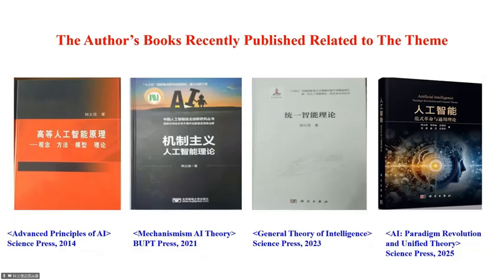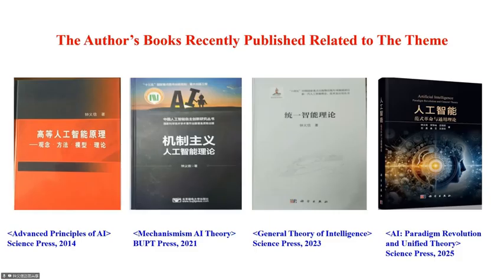From that time to the present, what I have done is AI research, lasting for 60 years. And the four books are only part of my work.